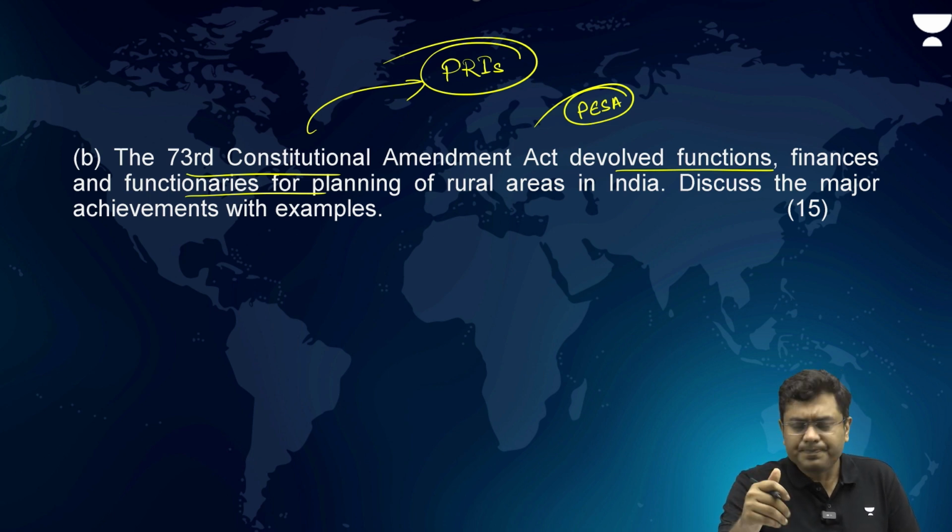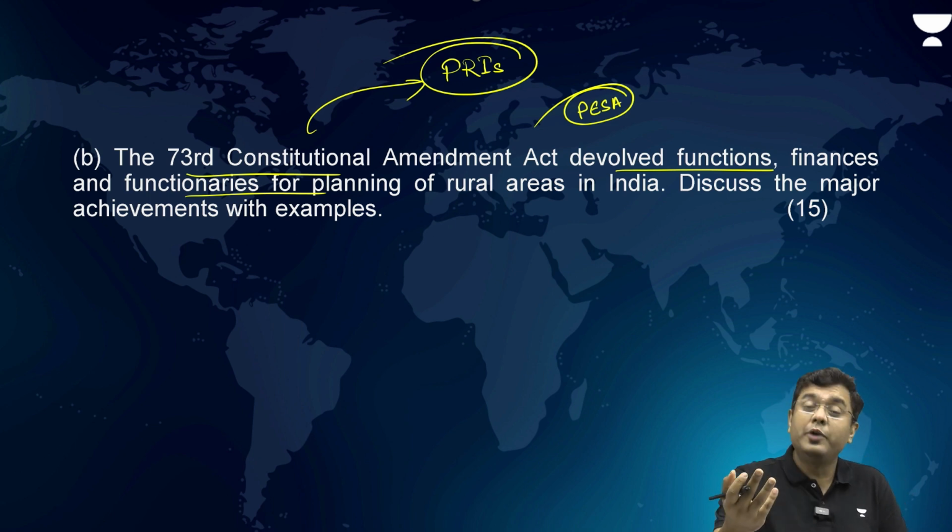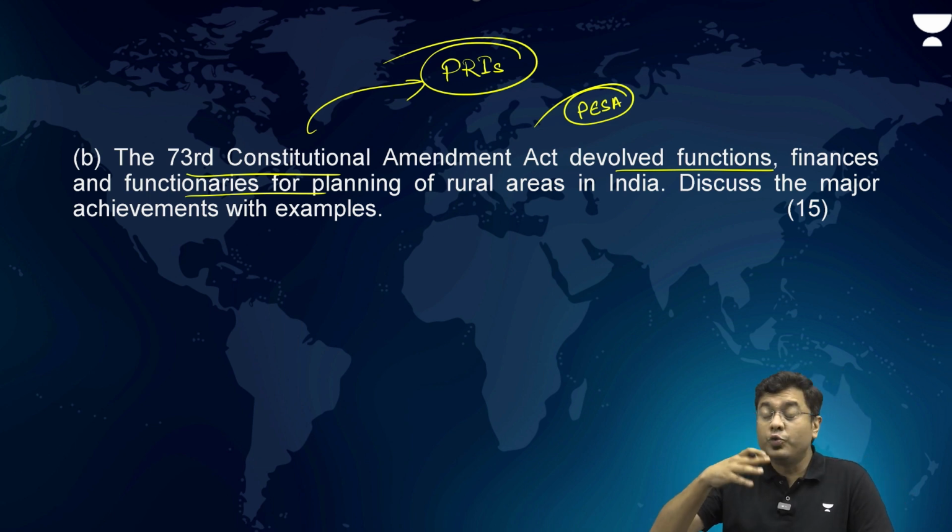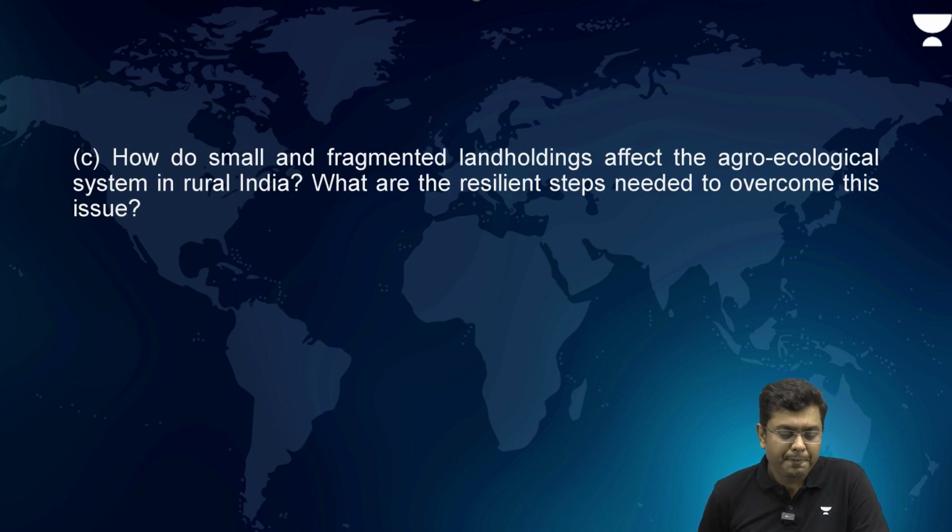Then these local bodies were able to voice their opinion with regards to where industrialization should happen, or whether local community hospitals should be developed. So they became a partner or a stakeholder in their own development, and even in environmental conservation processes like mining, the local bodies have achieved significantly.